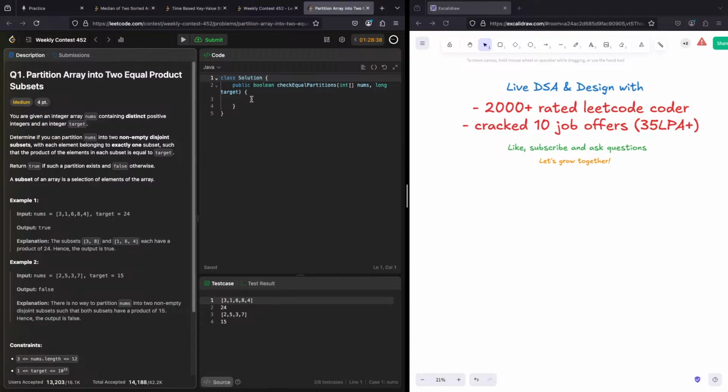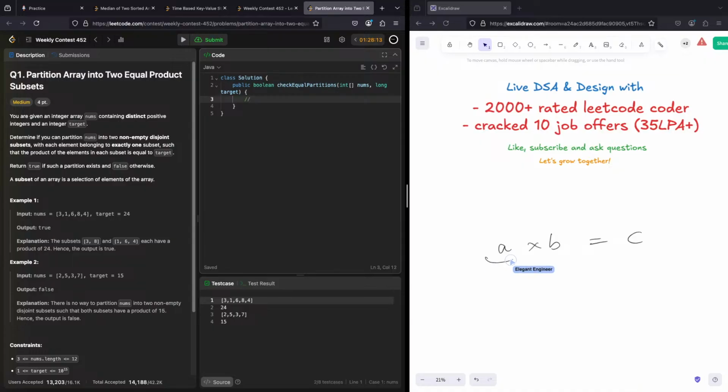So that means that if let's say product is A into B is C, we are saying that is equal to target, 24.